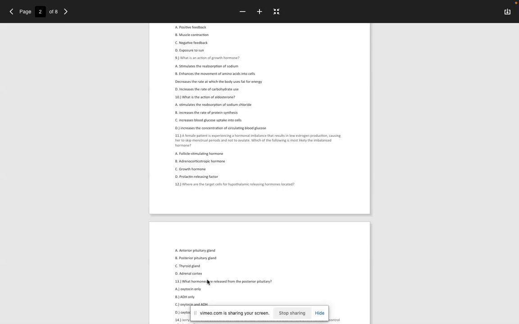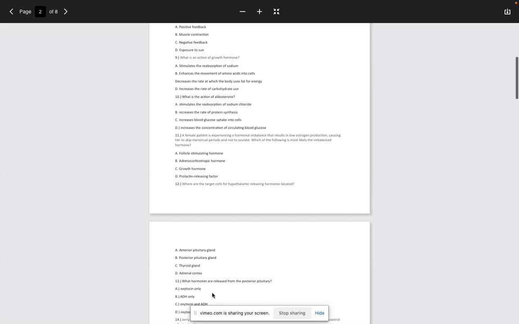Anterior pituitary gland. I didn't give a specific one. I wouldn't put posterior on the test for you, though. I would just put one of the two, right? Because technically, I guess that could be A or B.